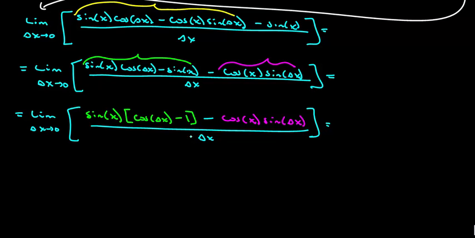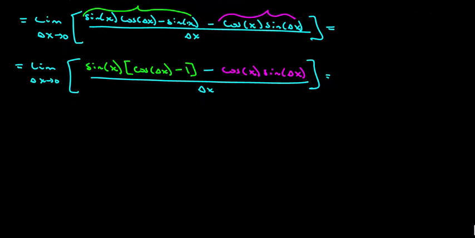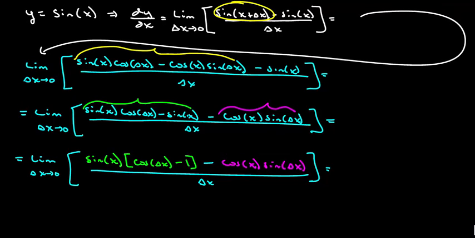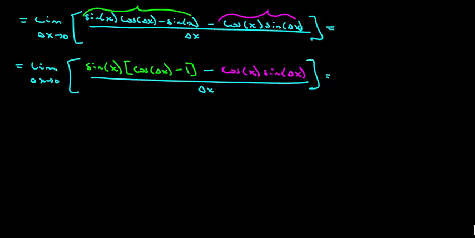So we know with fractions we can split them up over the same denominator down here. And then the other thing I'm going to do is, I've got cosine delta x minus 1, so I'm going to change that around. Okay. So I'm going to rewrite the whole thing like this.